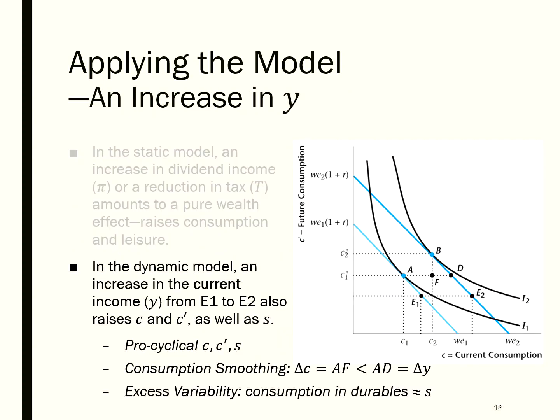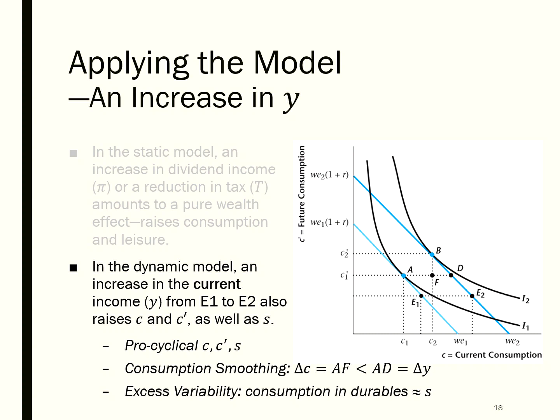Start with the change in the current endowment Y. Recall that in the static model, an increase in income, either due to a higher dividend pi or a lower tax T, amounts to a pure wealth effect to raise consumption and leisure at the same time. Will the dynamic model have the same effect? As shown in the graph, when Y, the income, rises, the endowment point goes from point E1 to point E2.